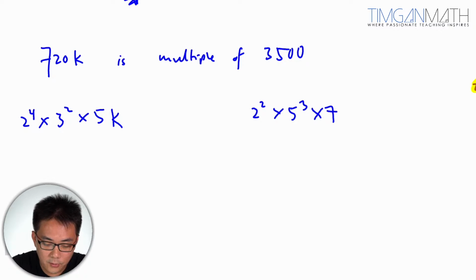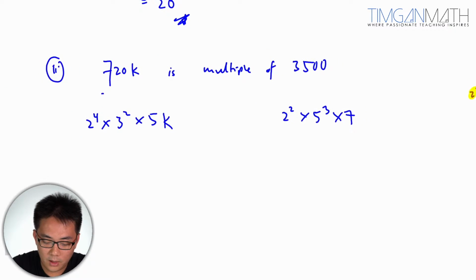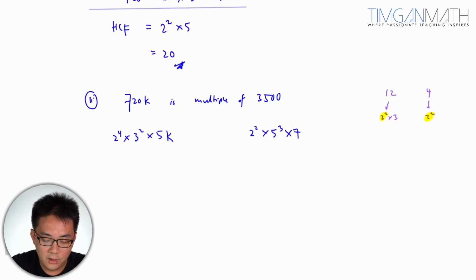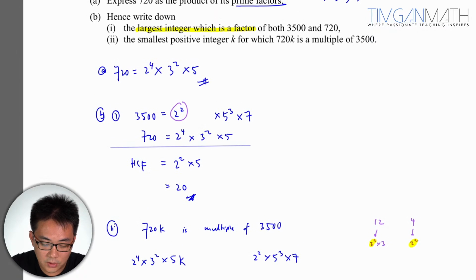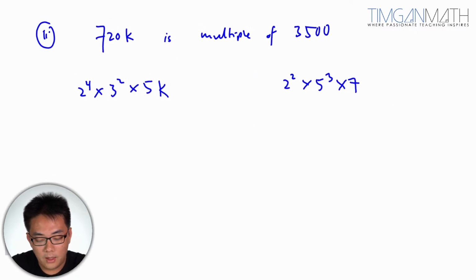In other words, if you want 720k to be a multiple of 3500, 720k must contain 2 squared, 5 cubed, and 7. So minimally it has to contain that. That's why the question is asking for the smallest positive integer k.